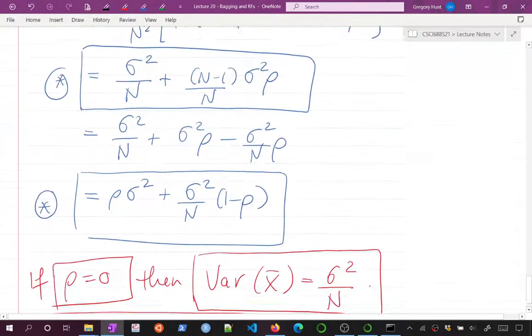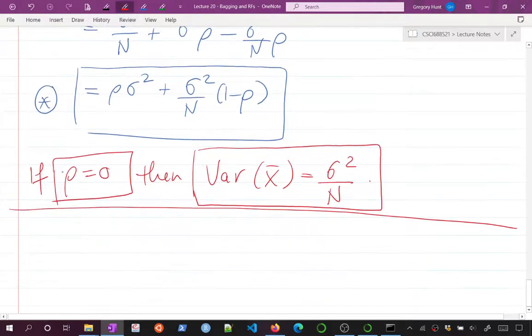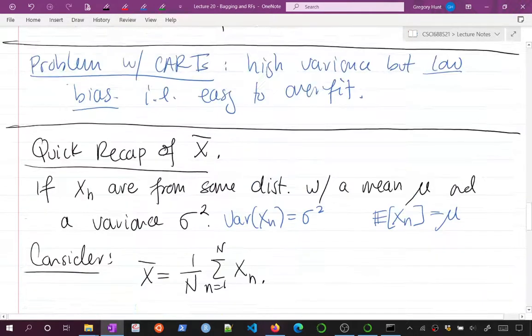But if I average uncorrelated things, I'm going to reduce the variance. So the variance of any of them individually was sigma squared, but if I average together n of them, I reduce the variance of them. So this is why we like averages, right? Because they don't affect the mean value, but they reduce the variance.